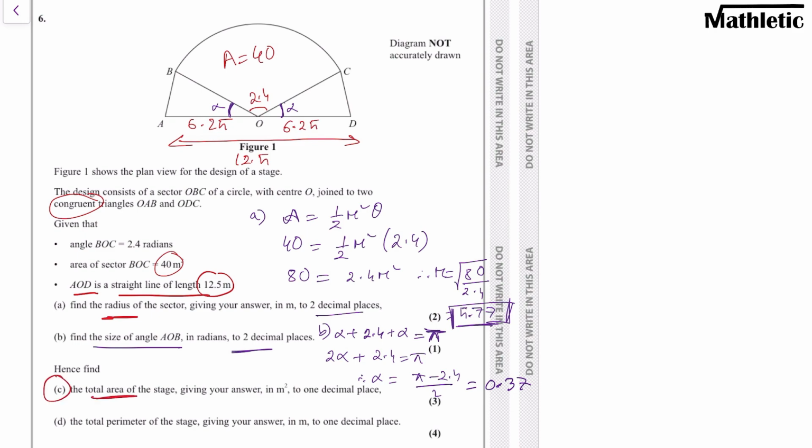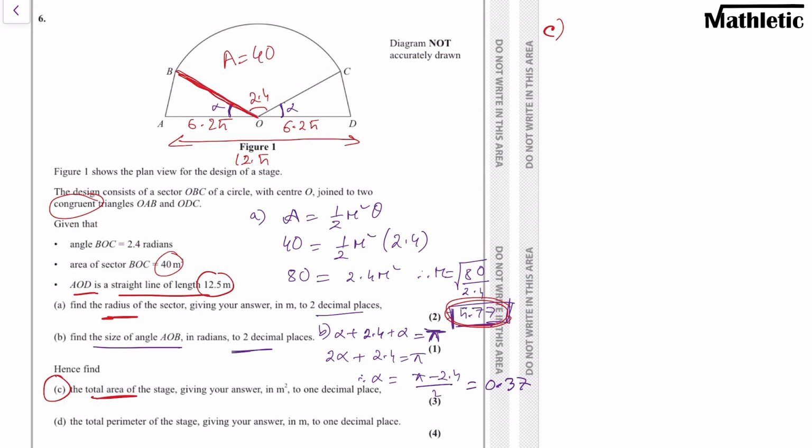For part C, we need to find the total area. So for this one, I will just calculate the area of these triangles and then add the area of the sector. Okay, so this OB is the radius, right? So radius is 5.77, radius of the sector.